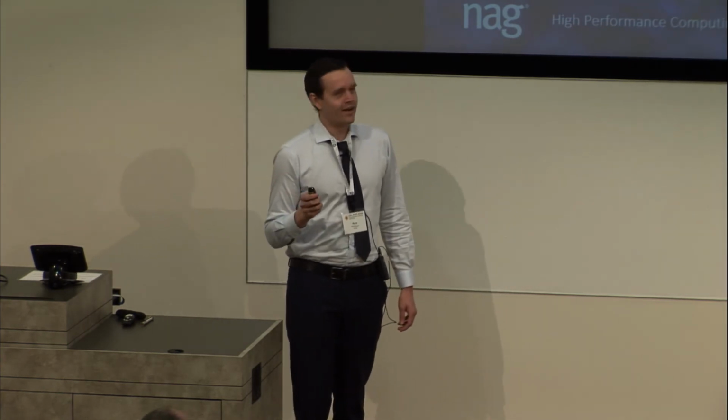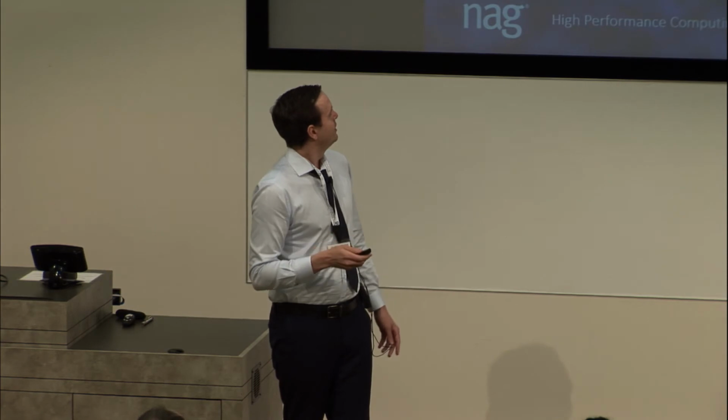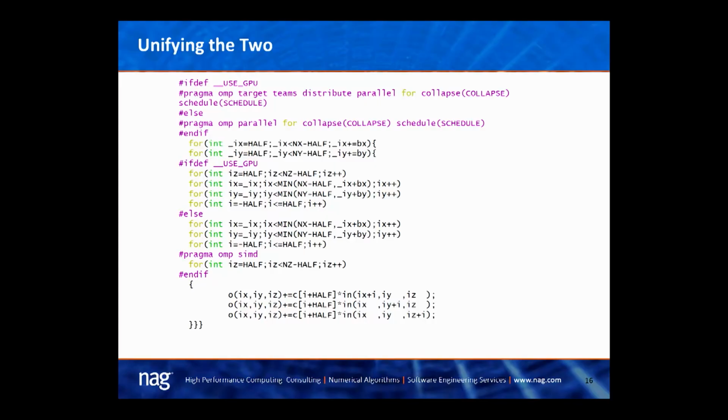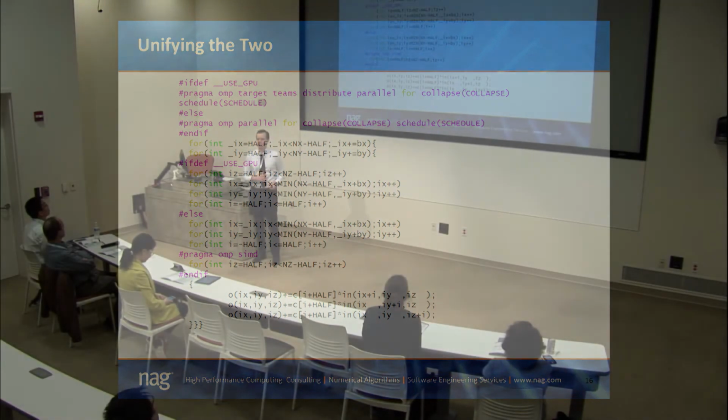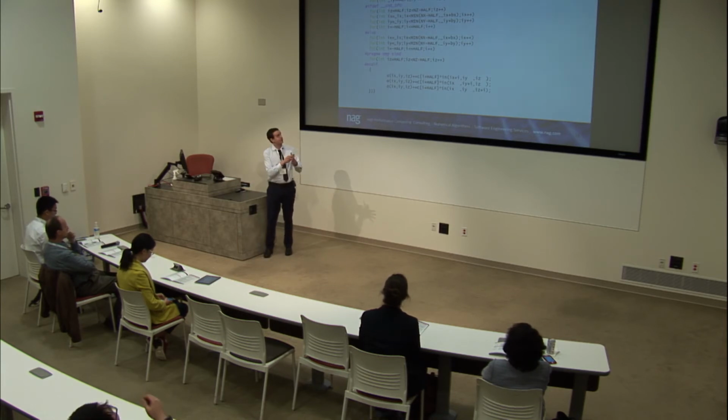OK, now how did I unify the two? These are very different, but at the moment, the preprocessor is the best alternative. It's a little bit messy, but what I like about this is that all the tuning parameters are the same. It really is just recompile and change some parameters between different architectures. I put the schedule up there as a parameter.